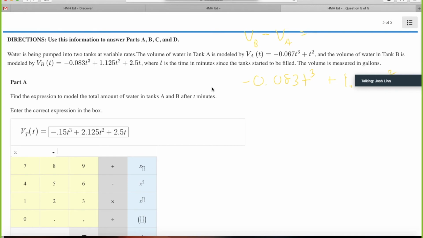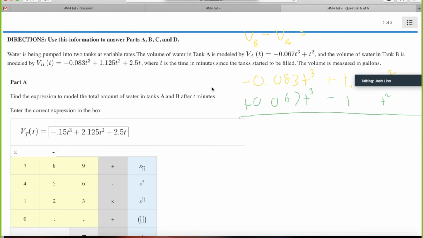So I'm going to just distribute the negative sign in already. So that's going to be plus 0.067 T cubed minus 1 T squared, and there's nothing for that.